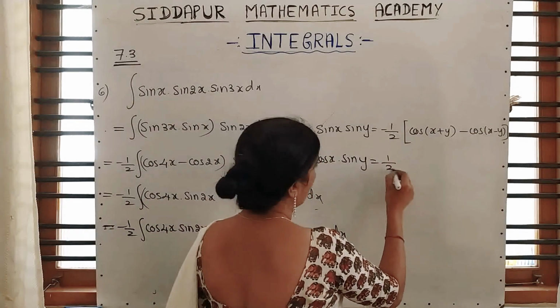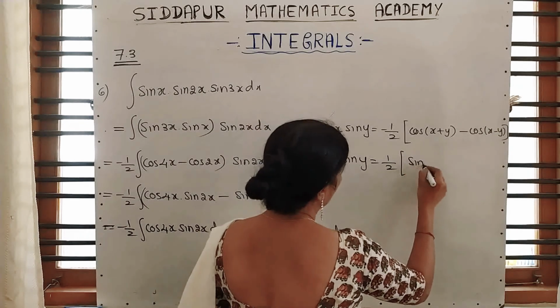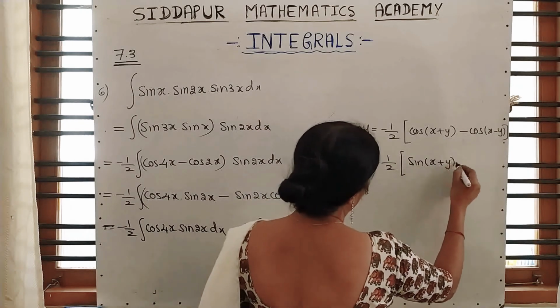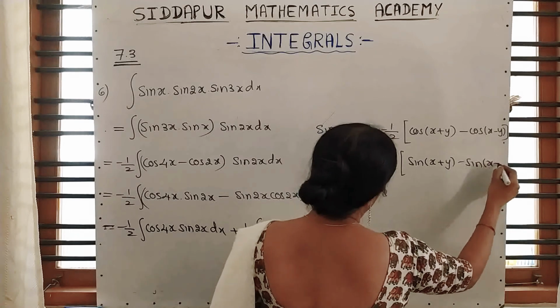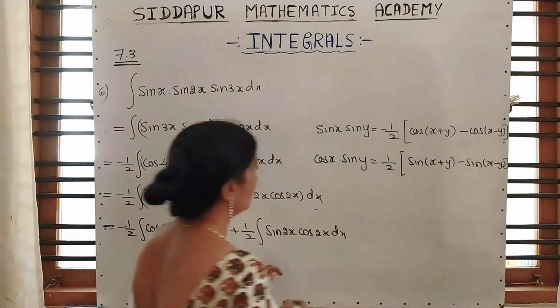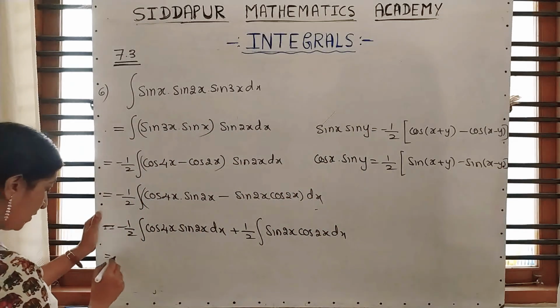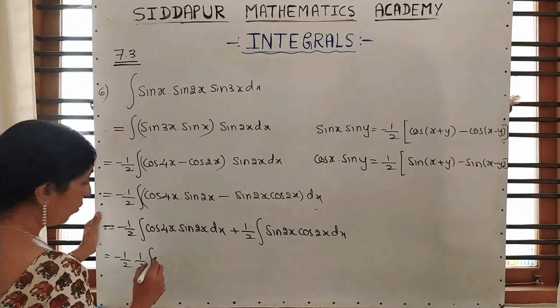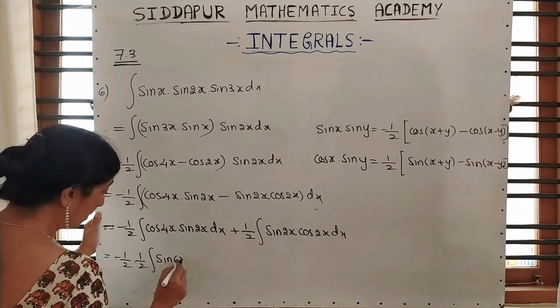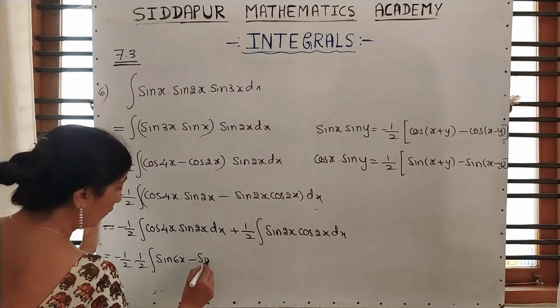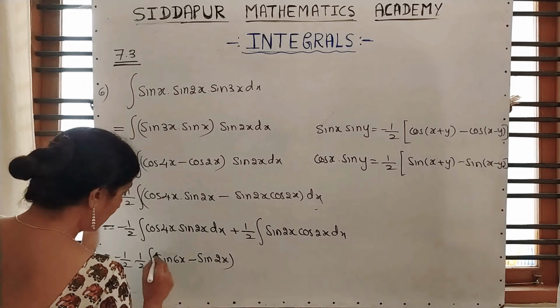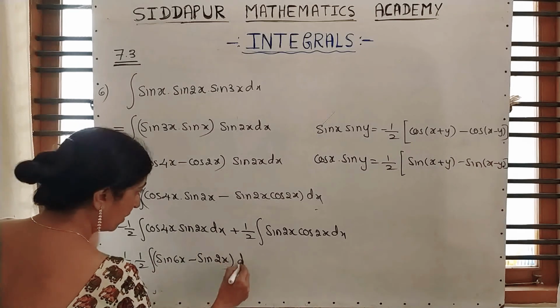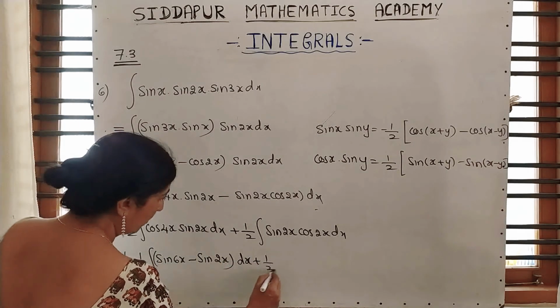Cos x into sin y is 1 by 2, sin of x plus y minus sin of x minus y. So it is minus 1 by 2 and this is 1 by 2, sin of x plus y, that is sin 6x, minus sin of x minus y, sin 2x, 4x minus 2x, into dx, plus 1 by 2.